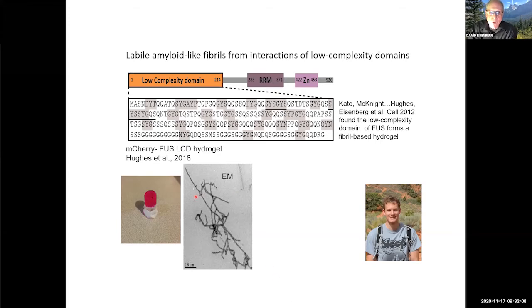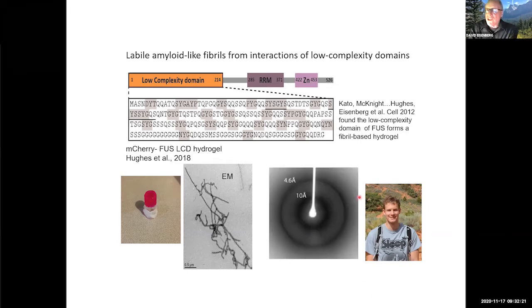So then he diluted it by a factor of 400 times, and there were fibers there. I was interested in the fibers, and Michael Hughes then took the X-ray diffraction pattern, and I was surprised that these have the signature of amyloid, the 4.6 angstrom separation between the layers and the 10 angstrom separation of the sheets.